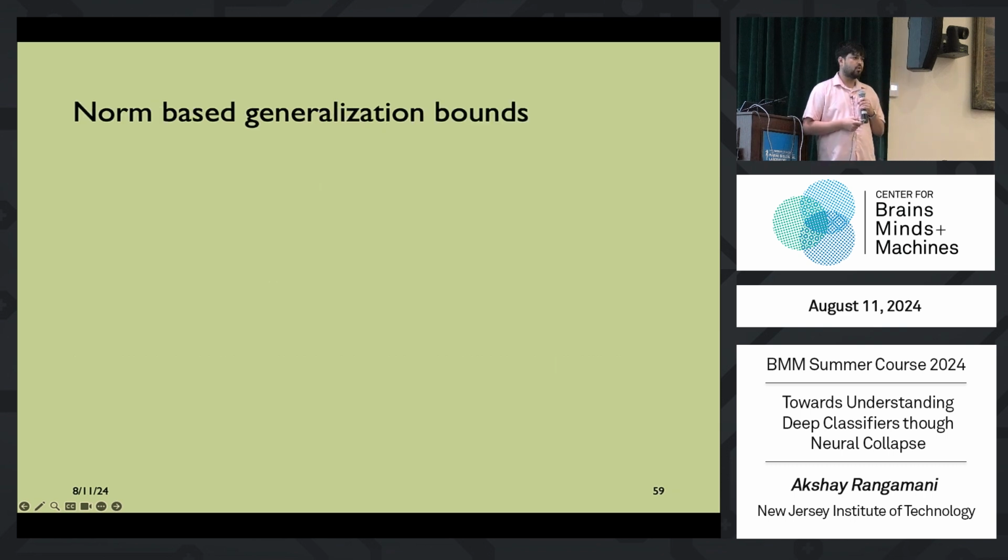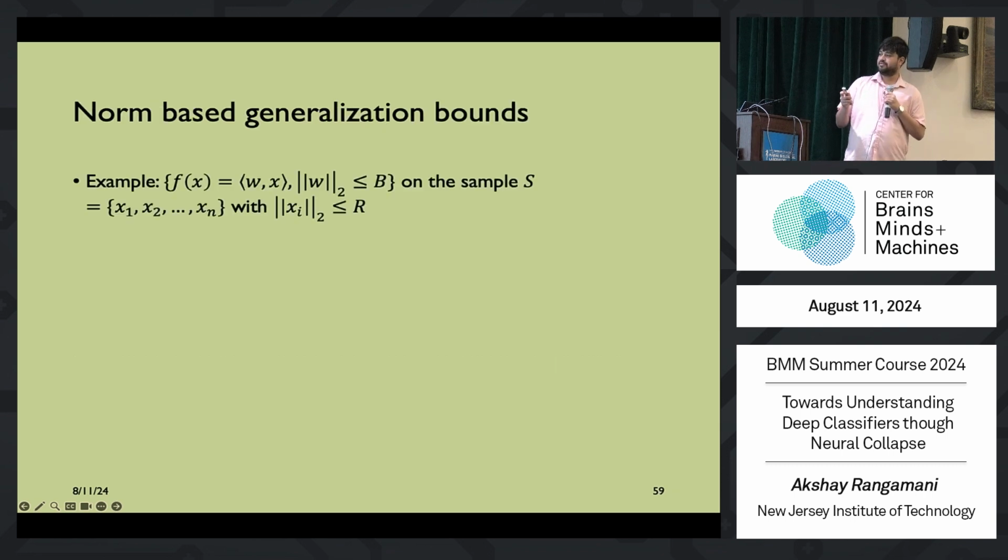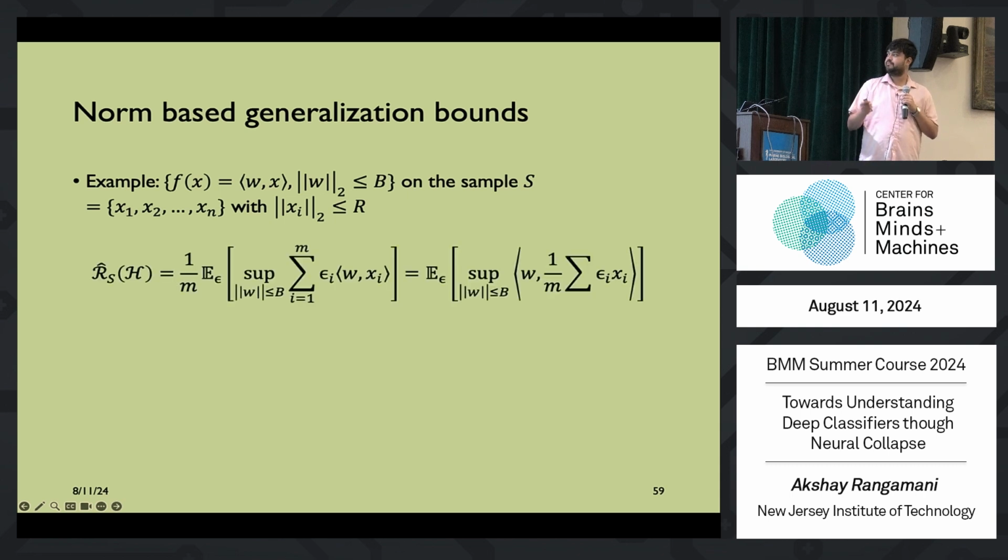Let's do a quick example. If I have the set of all linear predictors with a certain norm, and I have a sample where all of the vectors are bounded, then I can find the Rademacher complexity fairly easily. I can do it in a couple of lines.